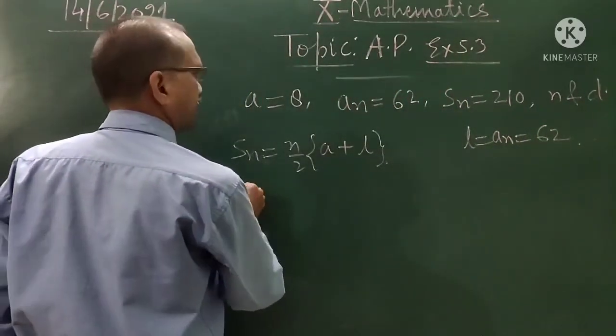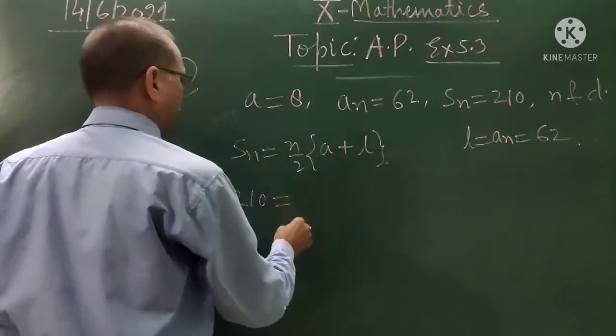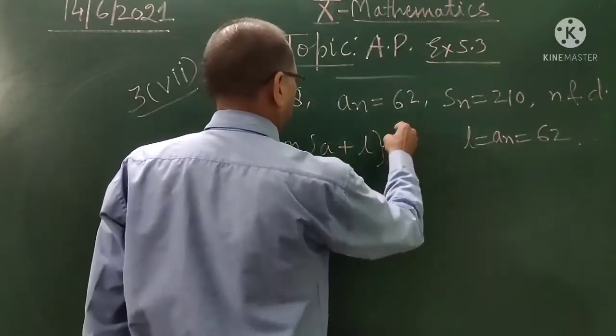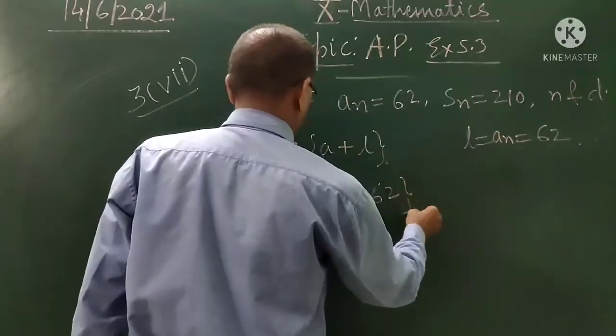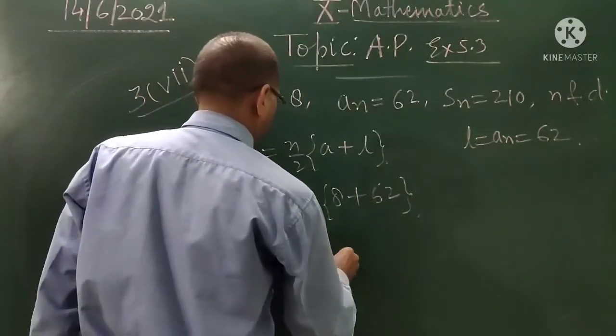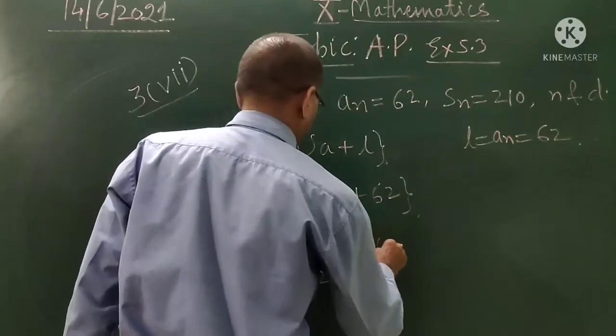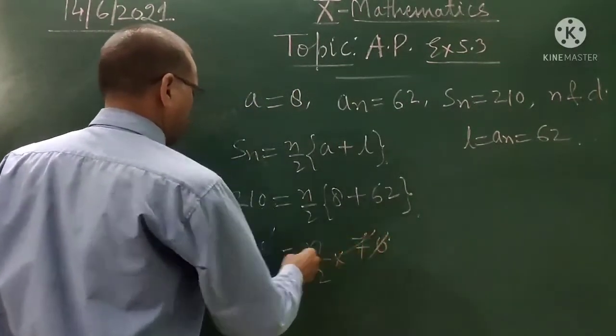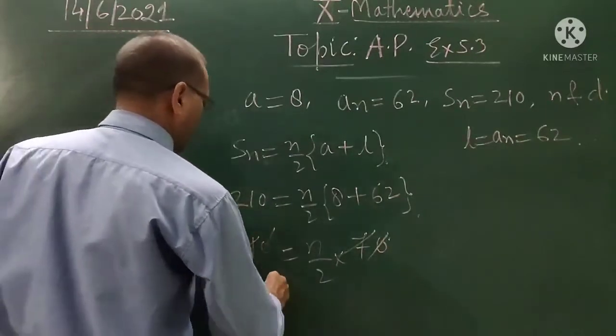It is 210, n by 2 into A plus 62. Then n by 2 into 64 is 210. 0 0 cancel. 7 3s are 21. So n equal to 6.